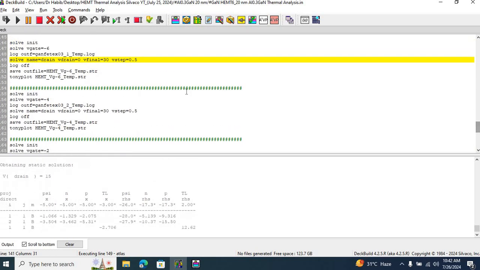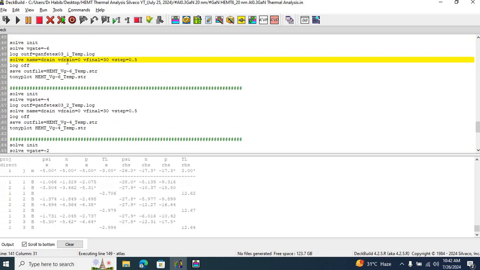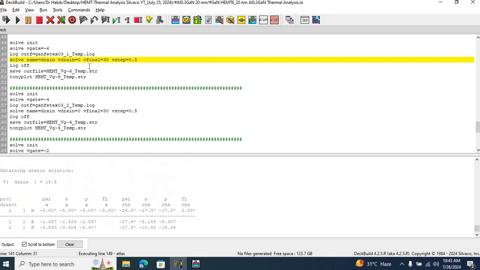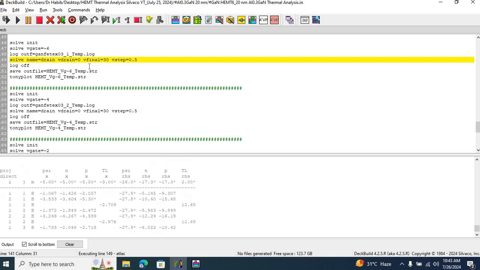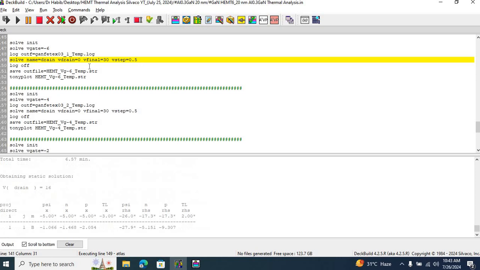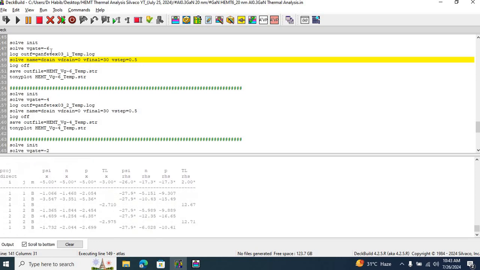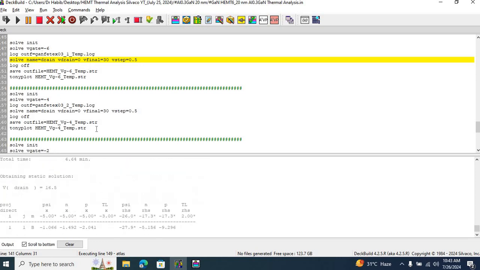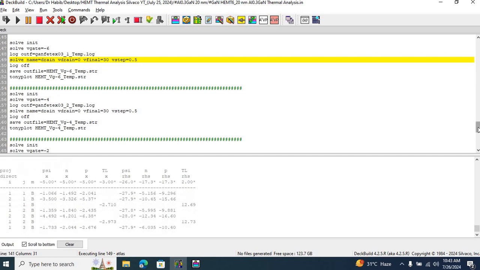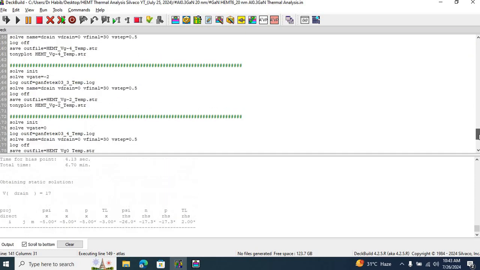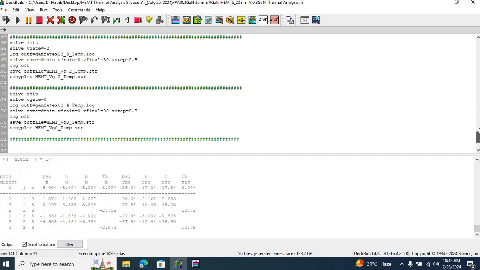And now we are running the ID versus VDS, or you can say the drain current versus the drain voltage characteristics at fixed gate voltage of minus 6 volts, minus 4, minus 2 and 0 volts, where the drain voltage is ramping from 0 to 30 volts.